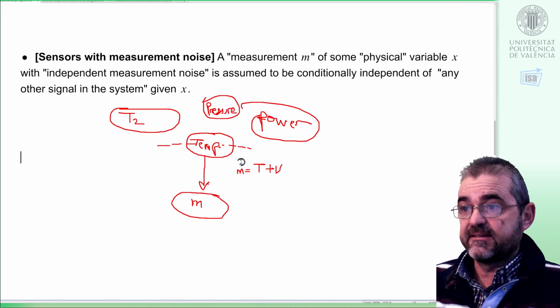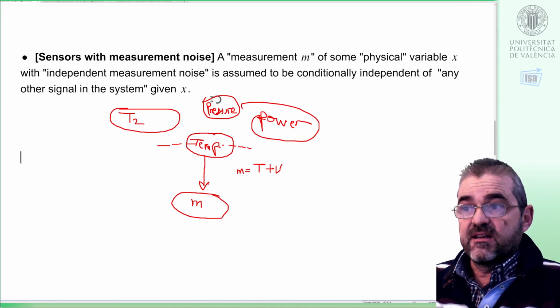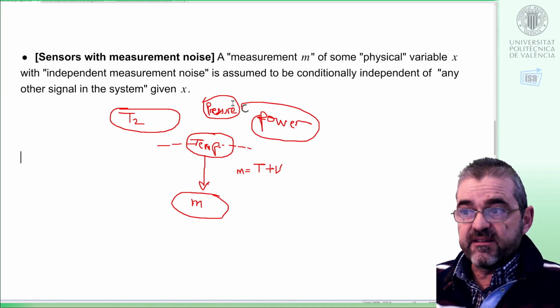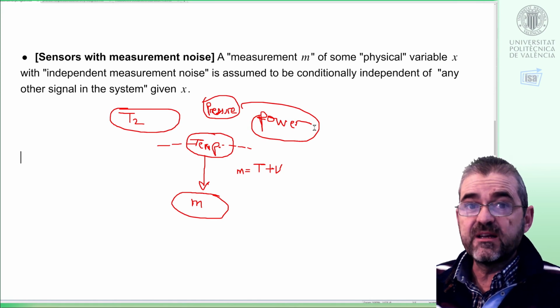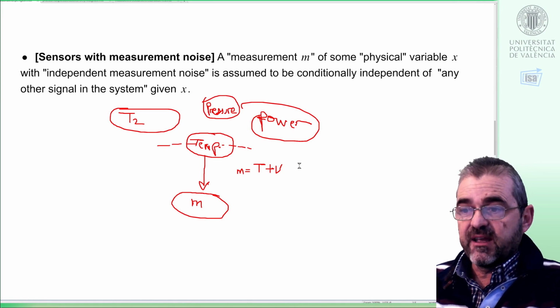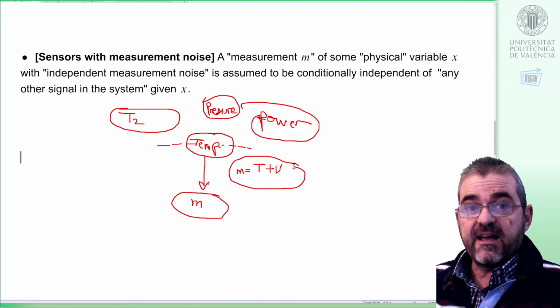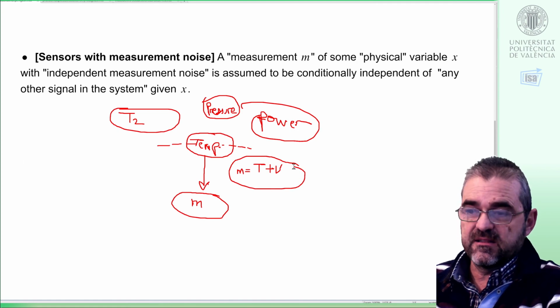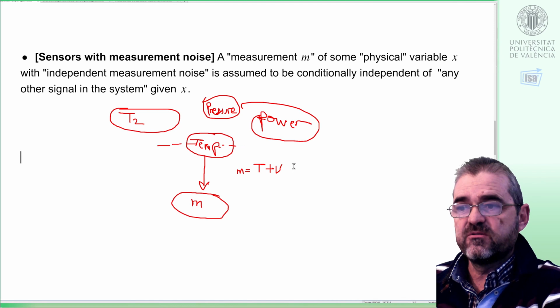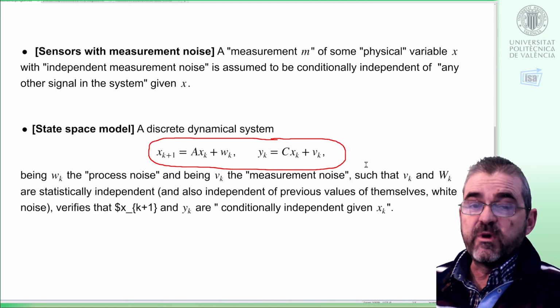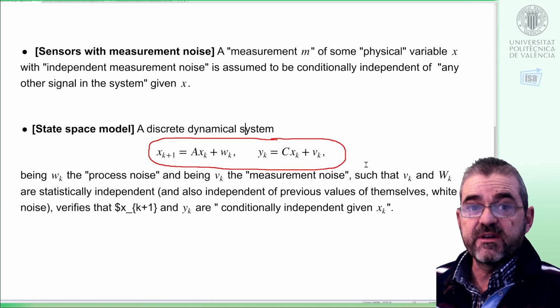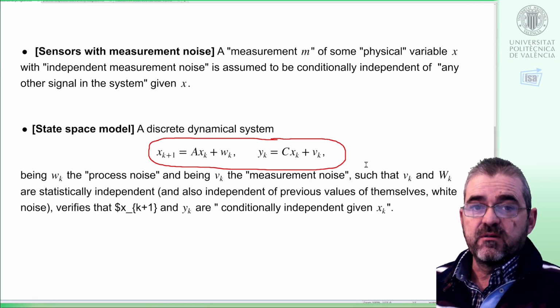Now we can think of the statistical relationship between these other variables. So we will upgrade our model, and instead of having this measurement equation, we will add state and output equations as follows. We'll now consider this pair of equations. The first one is the state equation.